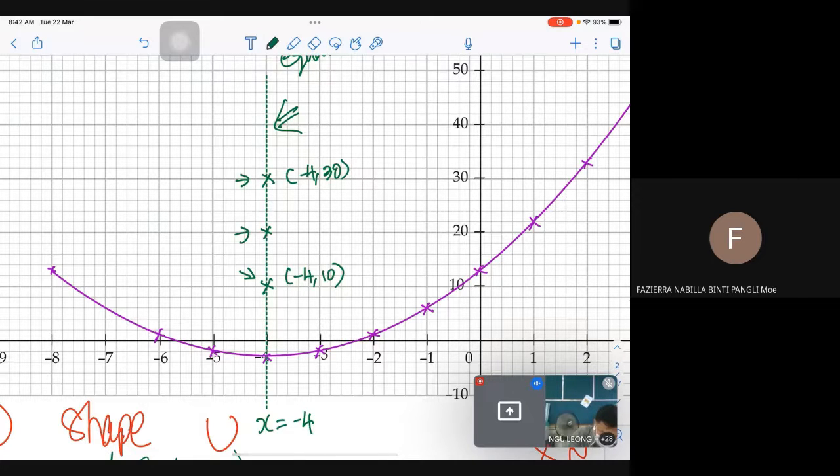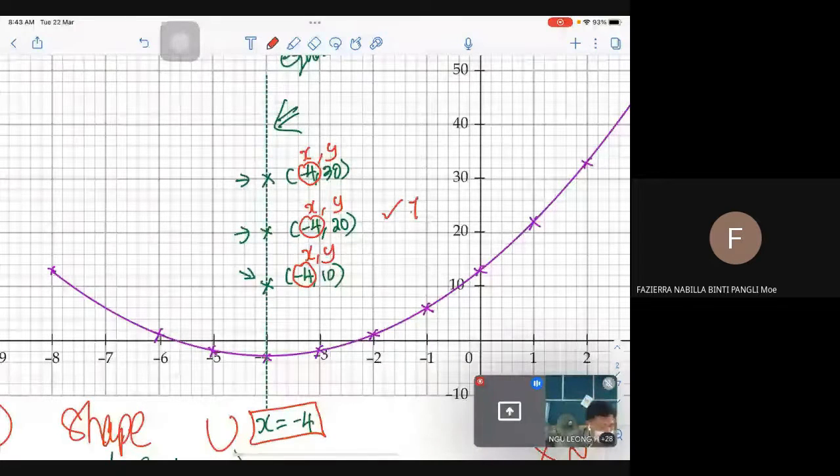This one, (-4, 20). You see, if we compare the values for x and y, the value for x never changes, and it is x = -4. Am I right? If you agree with me, reply me 7. Otherwise, reply me 8.